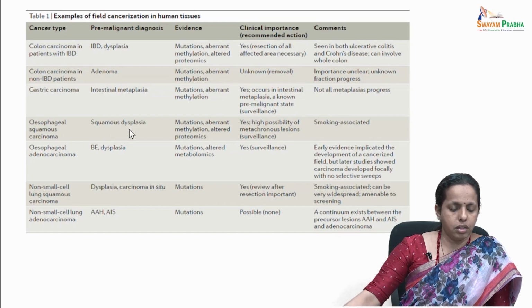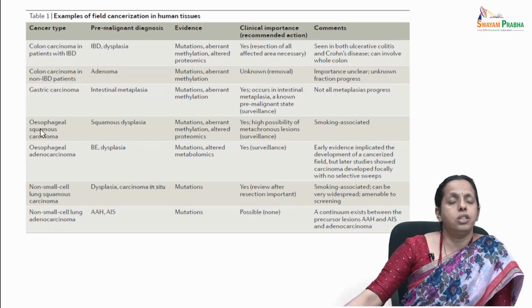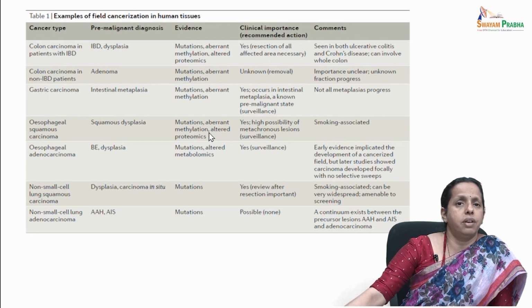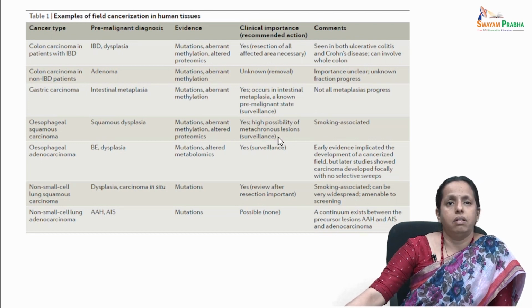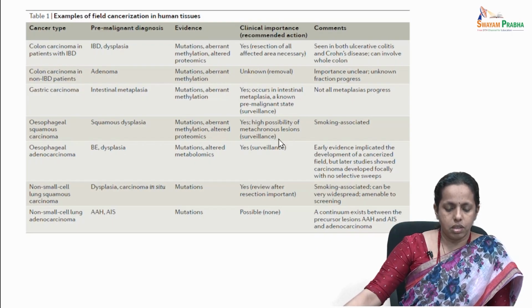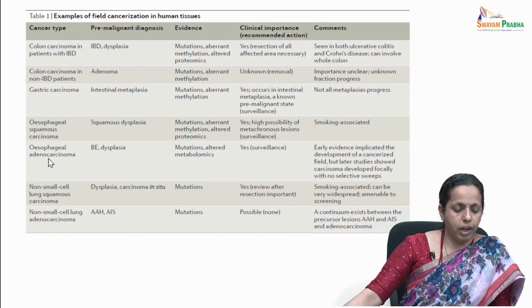Then you have the squamous dysplasia for your esophageal squamous carcinoma, where it is again evident by your mutations, then altered proteomics, and methylations are different. And there is a high possibility of metachronous lesions, and this is mostly associated with your smoking.